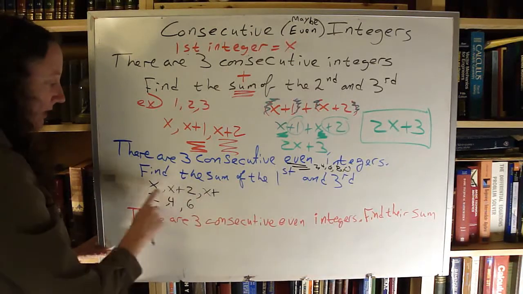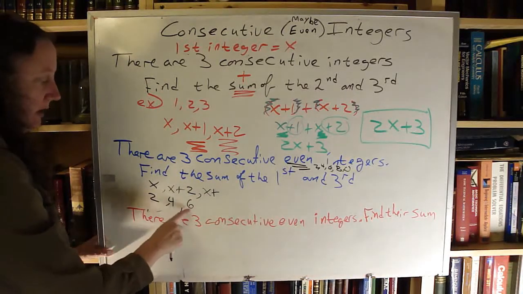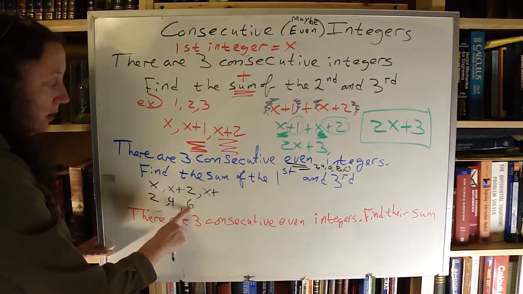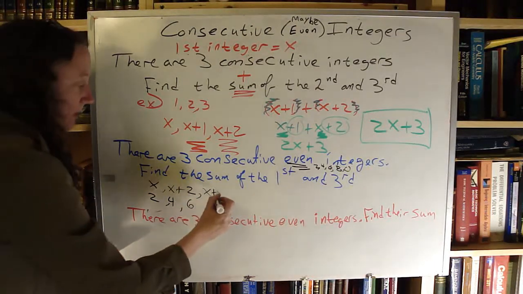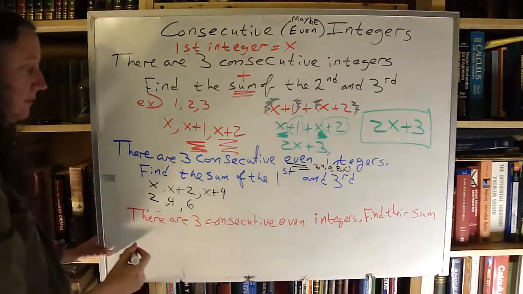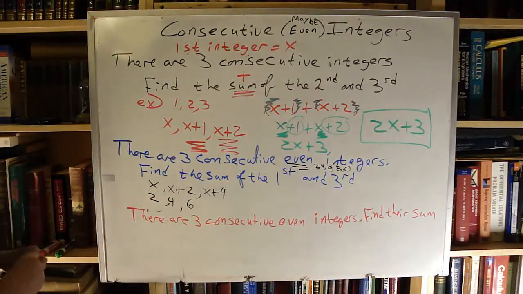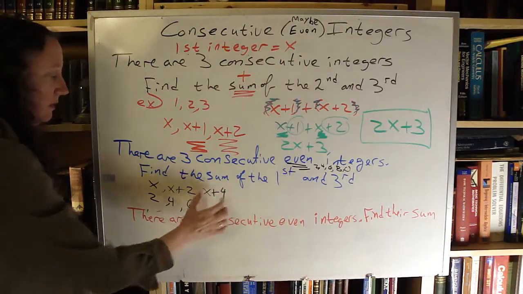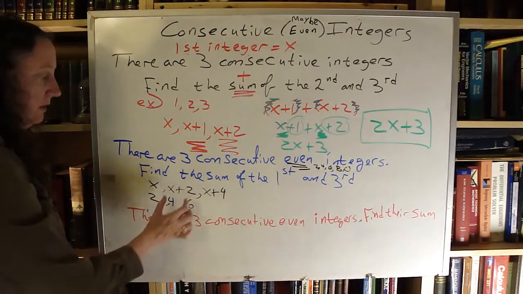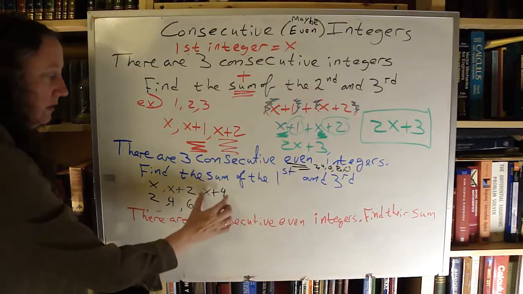So again, if x is equal to 2, I have to have 2 plus 4 to get 6, so this is going to be x plus 4. I now know what my integers are. First integer, second integer, third integer.